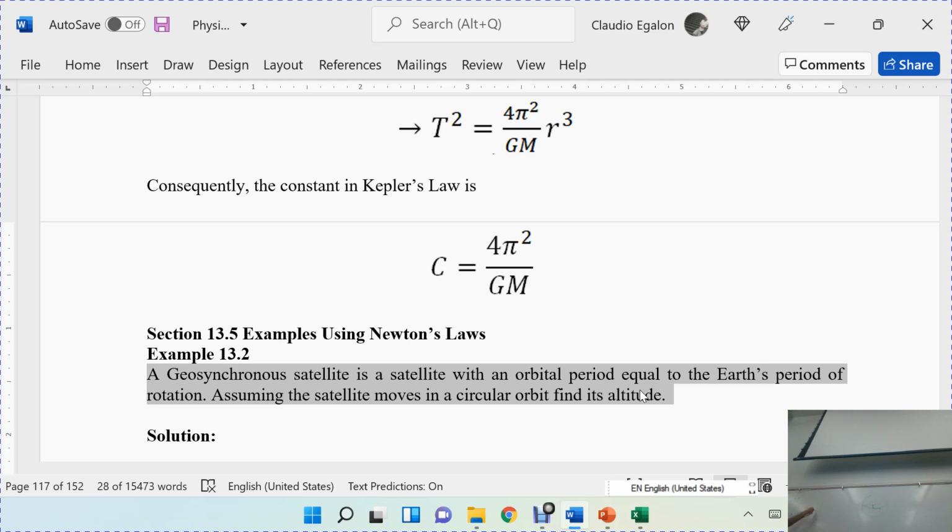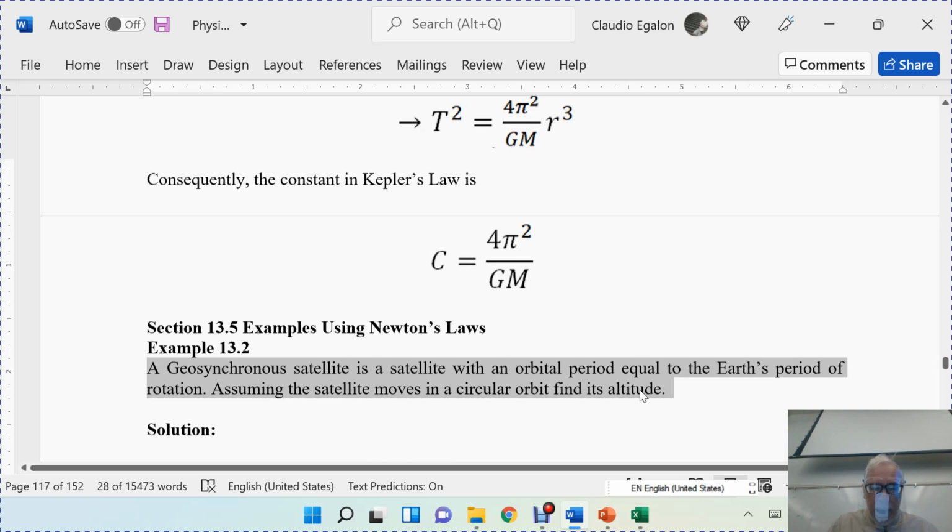It takes 24 hours to revolve around the center of the Earth, just like the Earth takes 24 hours to move around its axis, a full rotation. So we can calculate that, and let's do that. I'll do this step by step.